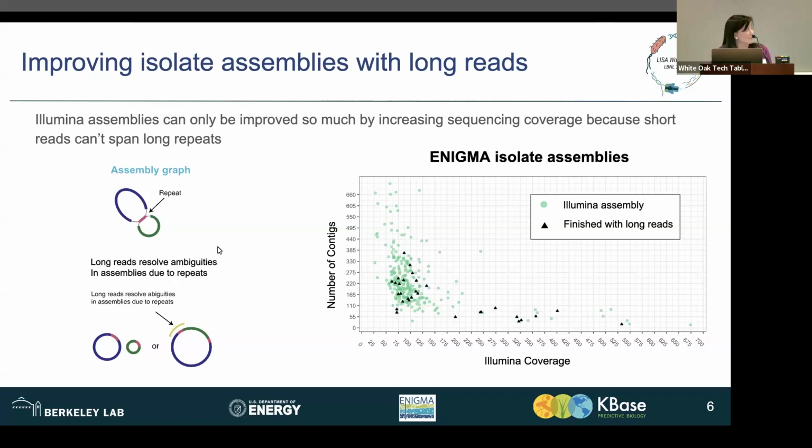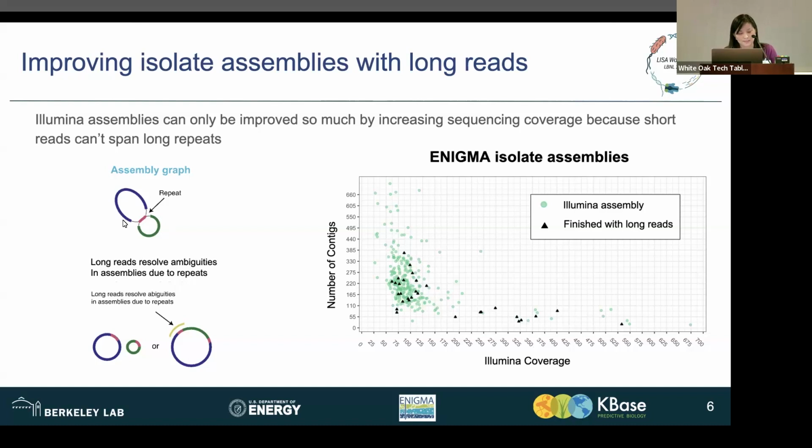So the reason why long reads help can be illustrated in this assembly graph here. Modern assemblers create what are called assembly graphs. You can think of these different bars as contigs, and these little edges here as how the contigs might be overlapping with each other, but there's ambiguity here.